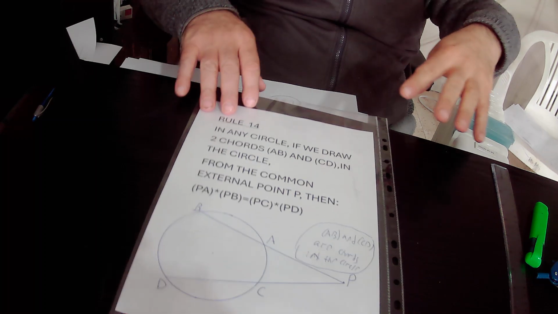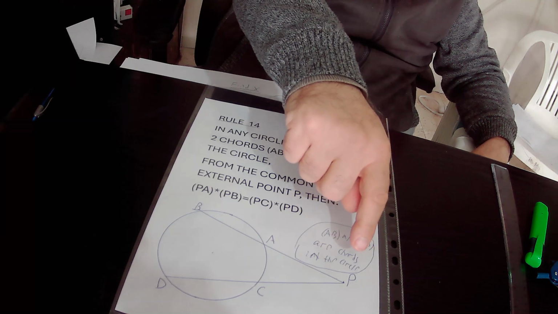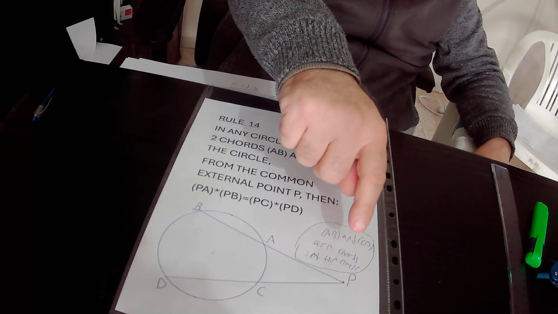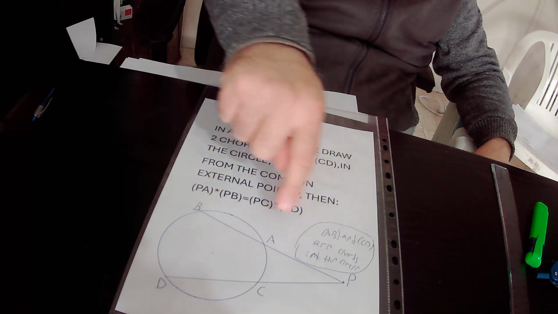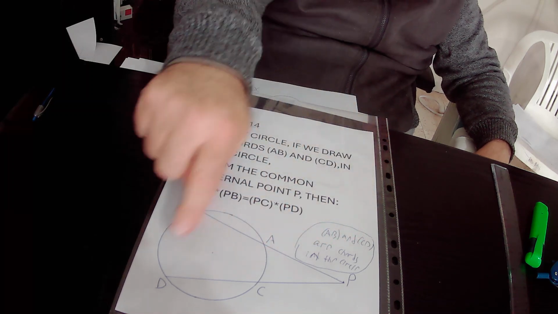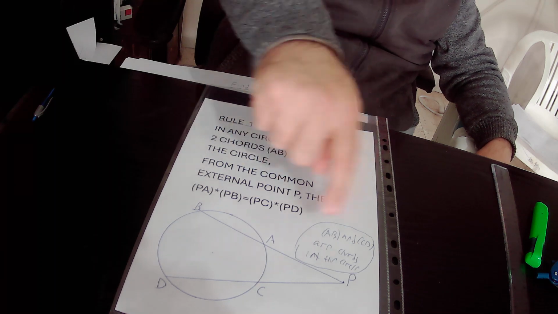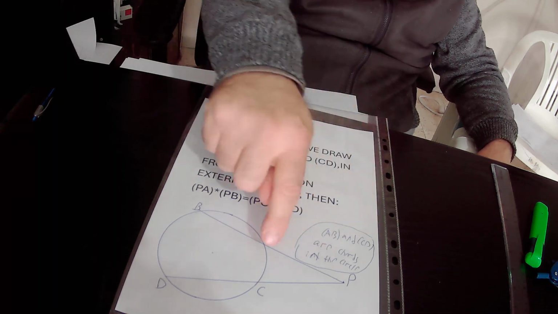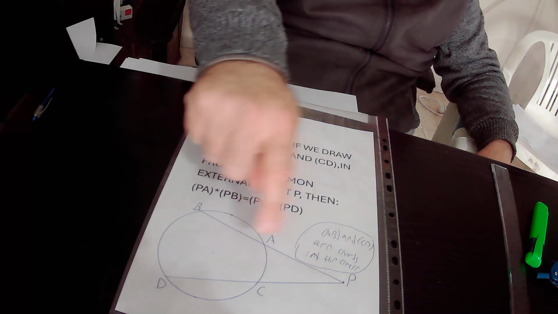So in the drawing we have a circle and the common extreme point P. From P we draw two chords inside this circle, chord AB and chord CD. So PA times PB equals PC times PD.